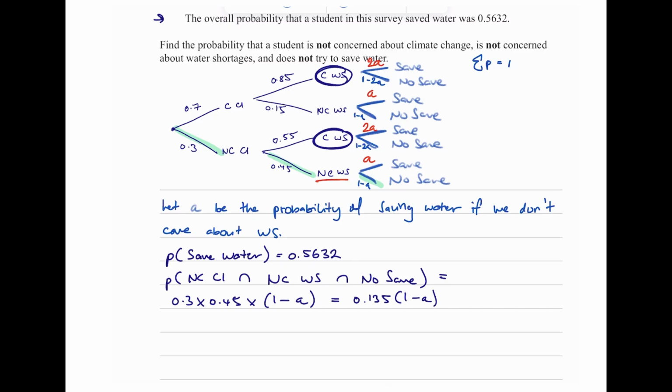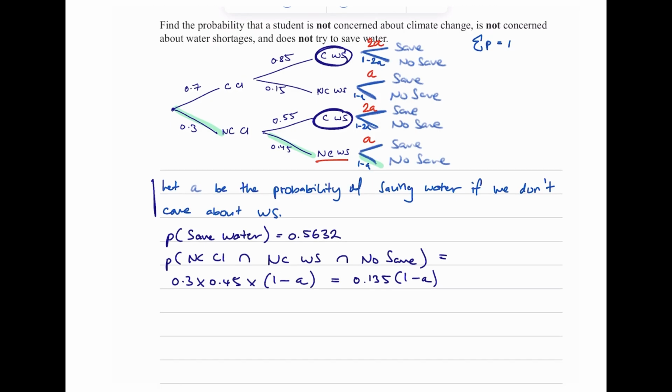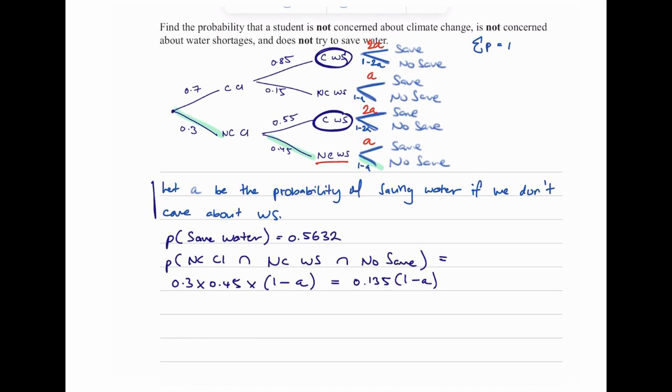So we need to now work out the value of a. And remember, a is the probability of us saving water if we don't care about water shortages. Essentially, we know that the probability of saving water as a whole is 0.5632.